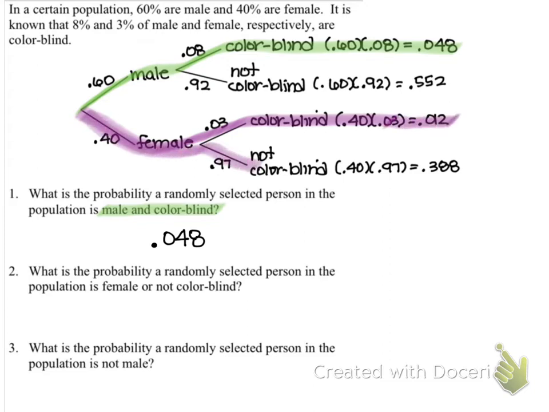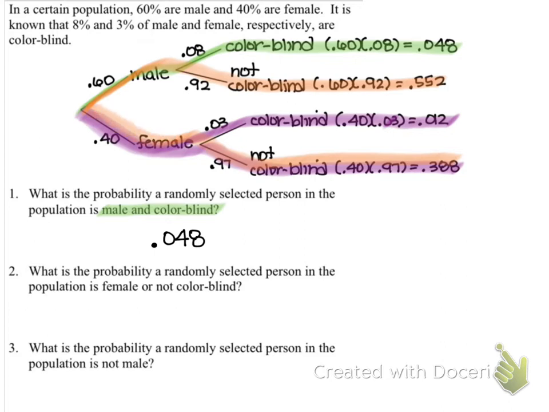This one also is in that branch. Say, or not colorblind. Okay, so we have not colorblind. I'll grab another color here. So not colorblind, I'm going to go to the end here. That's not colorblind. This is also not colorblind.